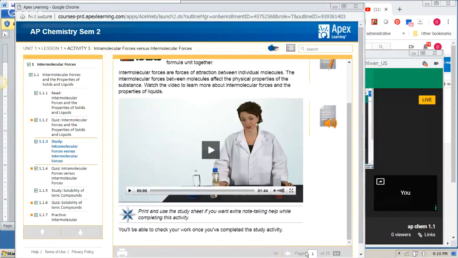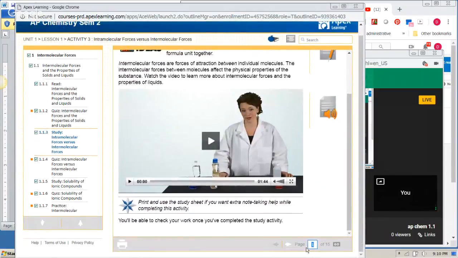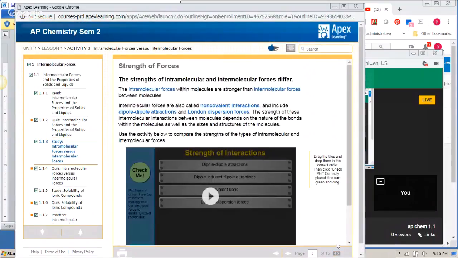Now I got to figure out how to page through. So do I just put in page 2? Go. Okay.